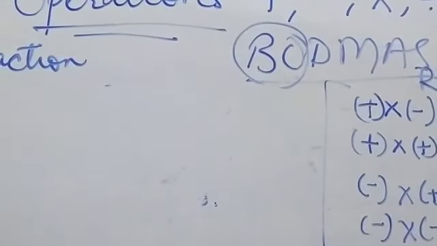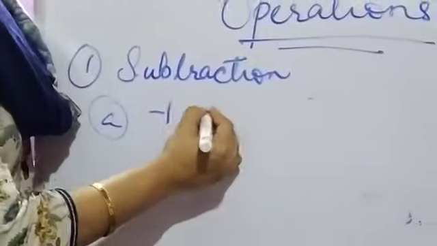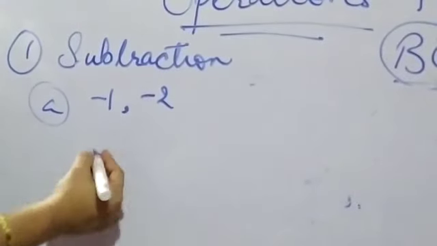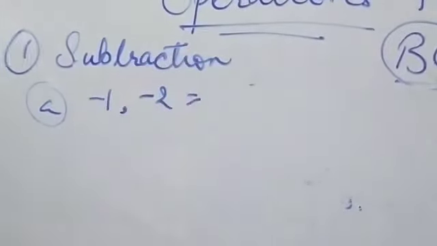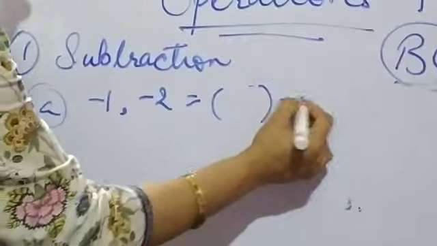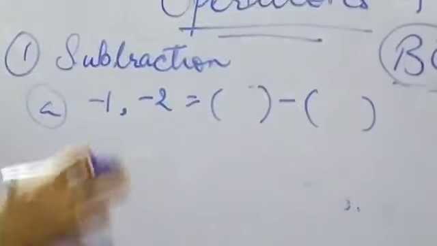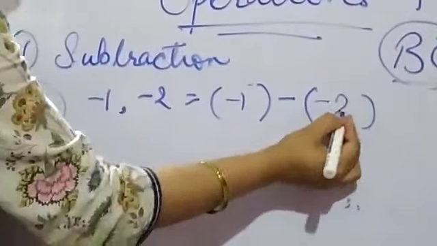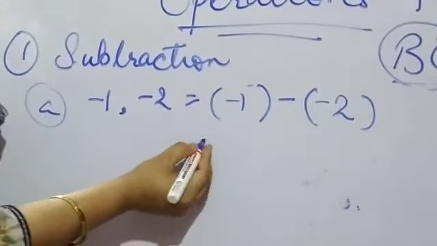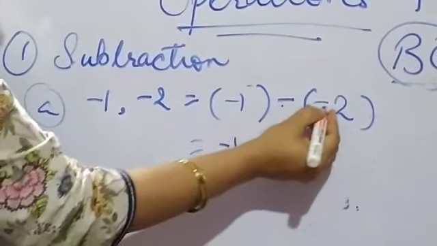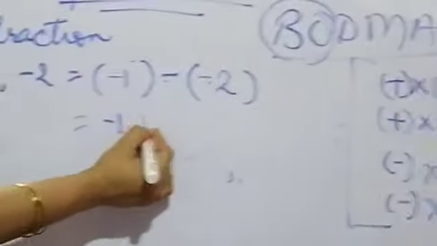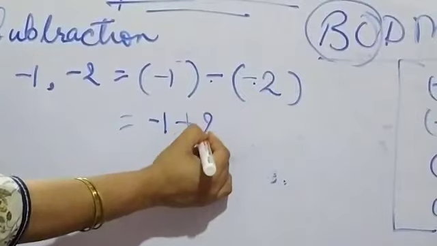Subtraction. Now see, we have taken again one pair of numbers. I have taken minus 1 and minus 2. Both negative integers, so as I told you earlier, you have to put them in brackets. Minus 1, and minus 2. Then this is minus 1, minus. See, minus of minus is plus. So plus and 2.